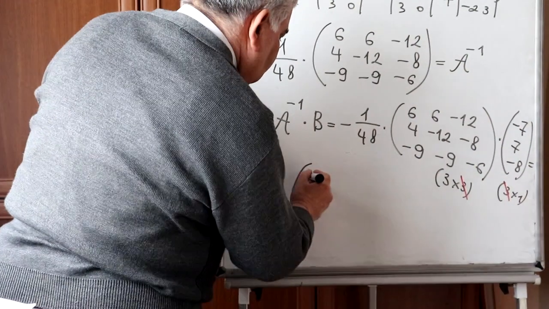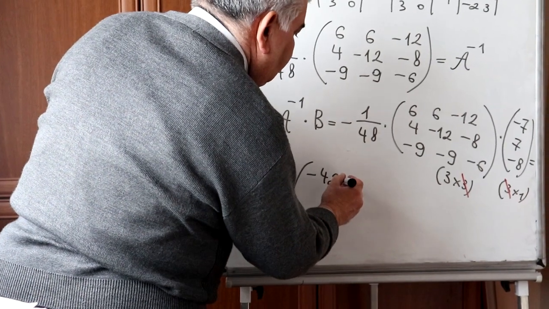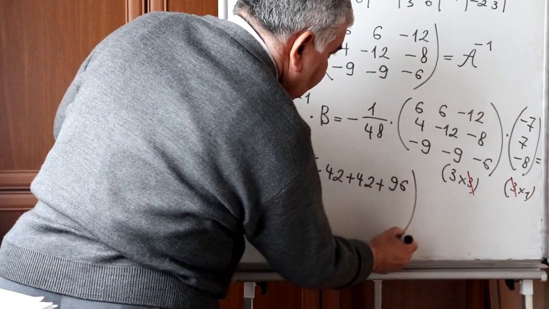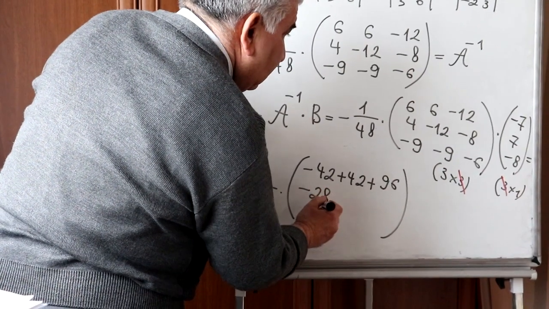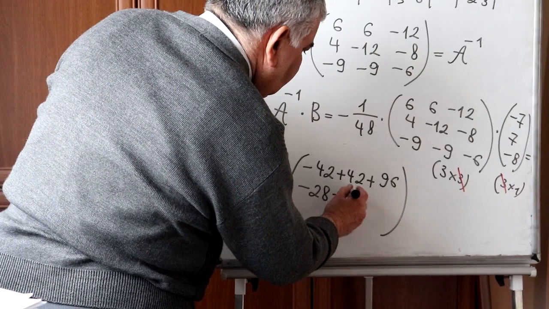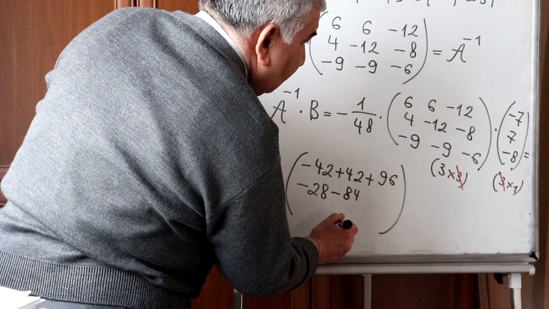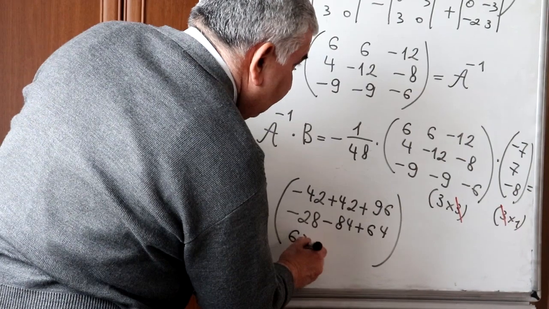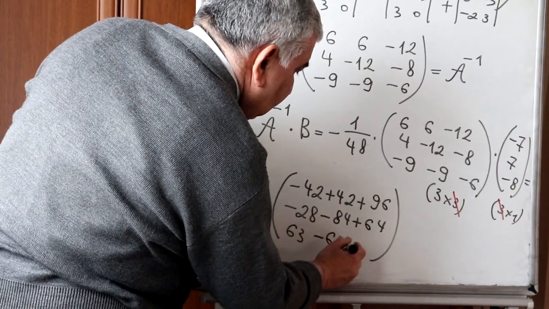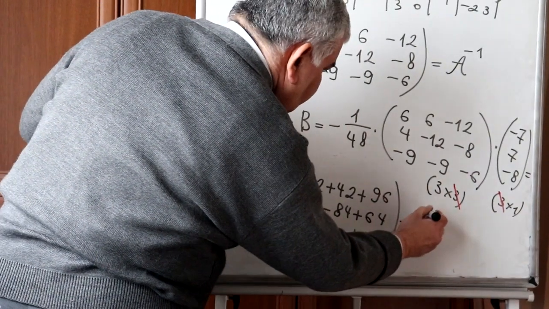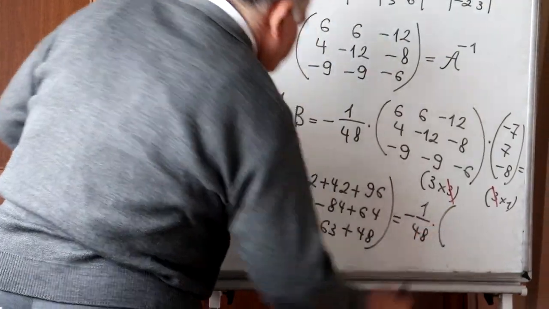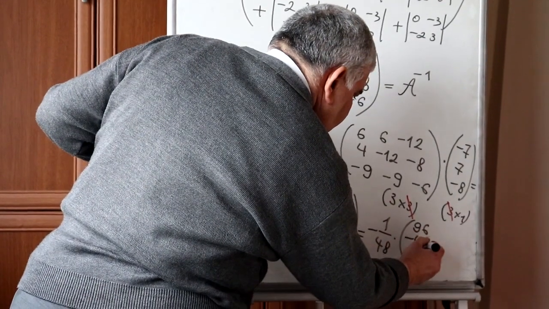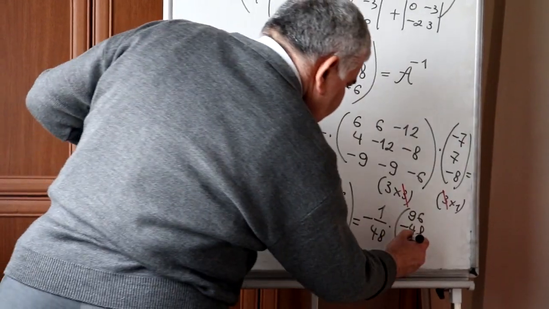6 by minus 7, minus 42, plus 42, plus 96, then minus 28, minus 84, and plus 64, then 63, minus 63 and plus 84, equals minus 1 over 48 multiplied by 96, here minus 48 and 48.